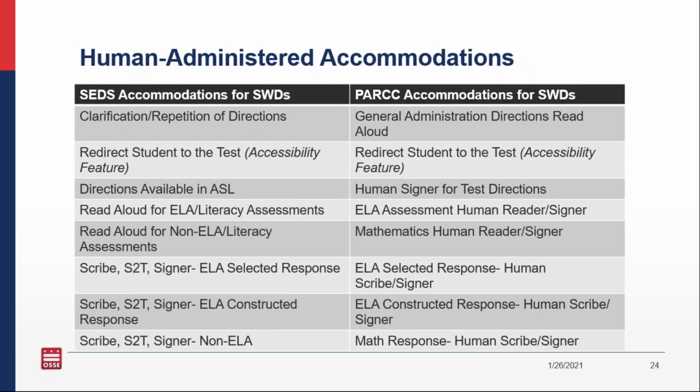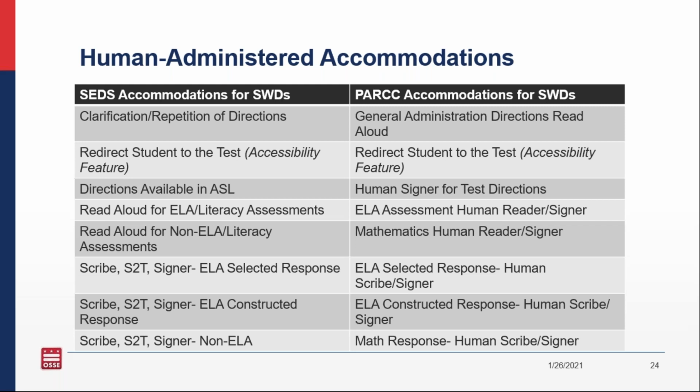All right, so our human administered accommodations. Here is a list of accommodations in SEDS and what they align to in PARCC and in the PARCC manual. So we have our clarification of directions, repetition of directions, redirect students, directions in ASL.